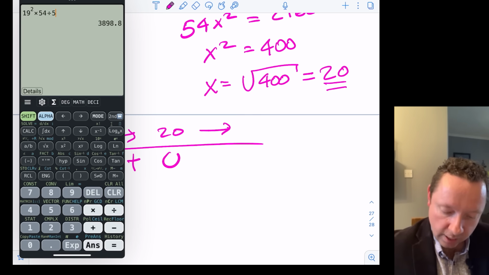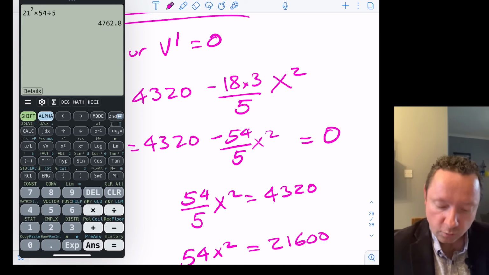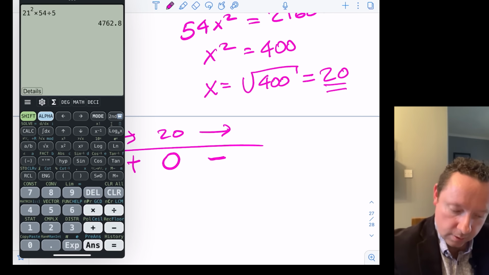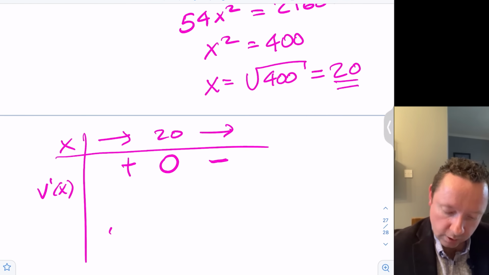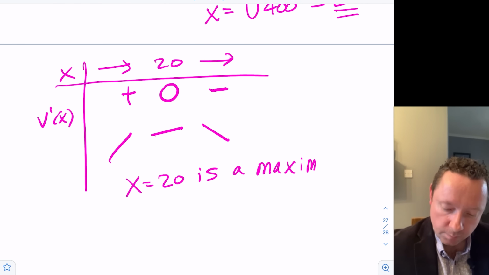It's 0 at 20. Then if you try 21, the same idea: 21 squared times 54 divided by 5 is bigger than 4320, so 4320 minus that is negative. And therefore we've just worked out that x equals 20 is a maximum turning point.